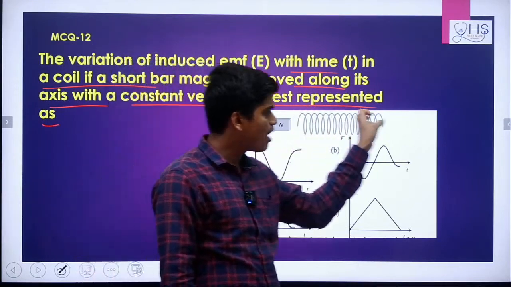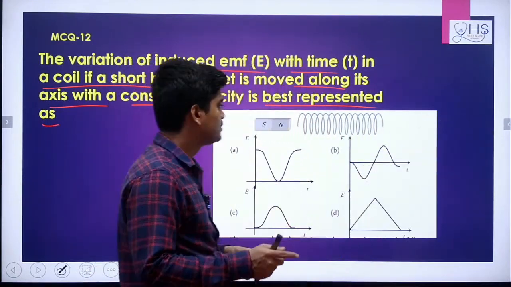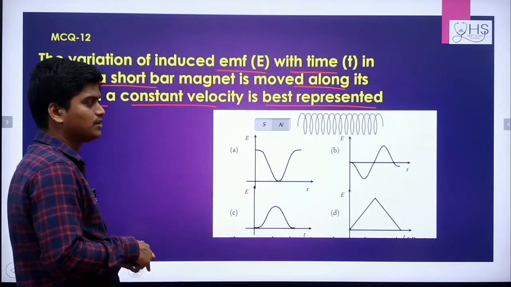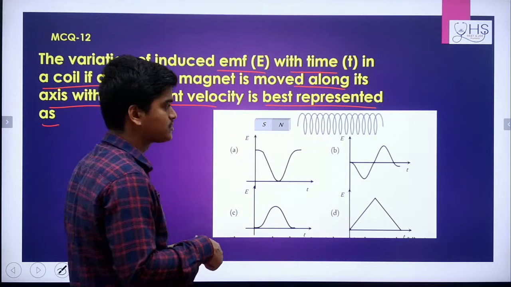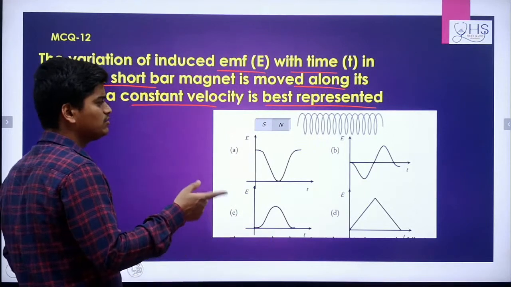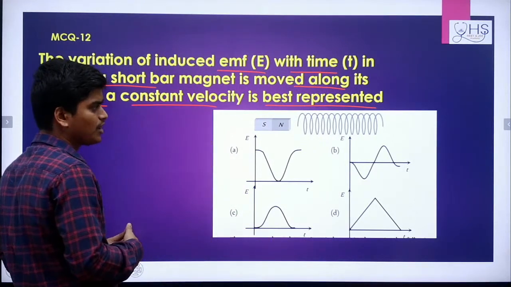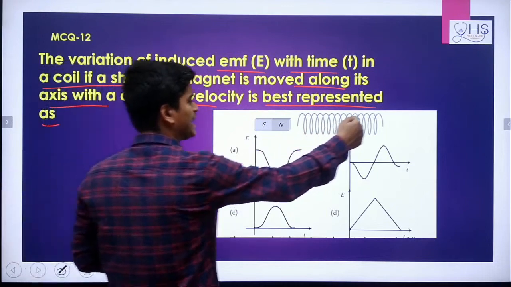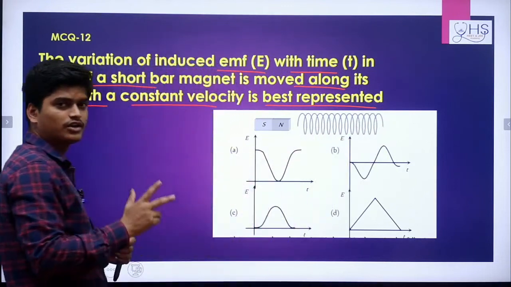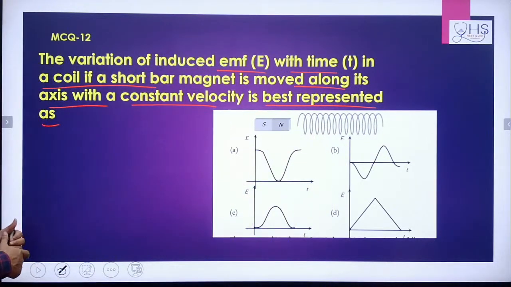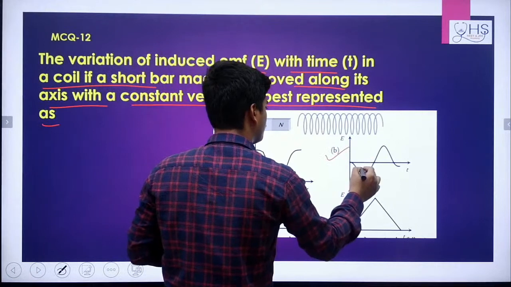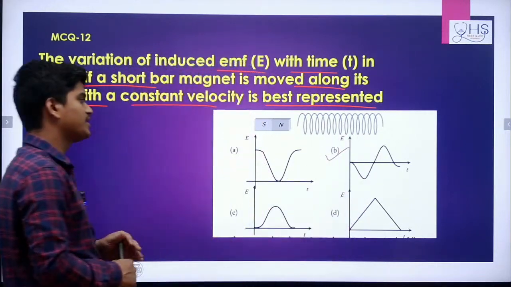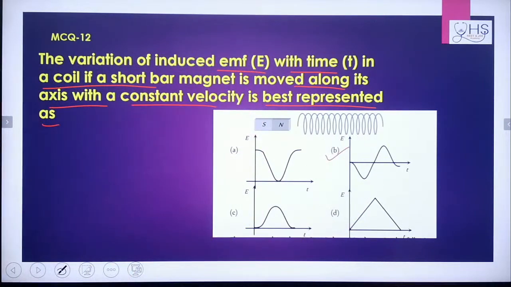But when it comes out, at that time flux will decrease, and induced EMF will be produced such that it will try to increase the flux, or try to attract the magnet. So at that time it forms in a different direction. So definitely there will be two opposite directions of induced EMF, that means one positive, one negative. So only in graph B are the directions given: negative, positive, like that.